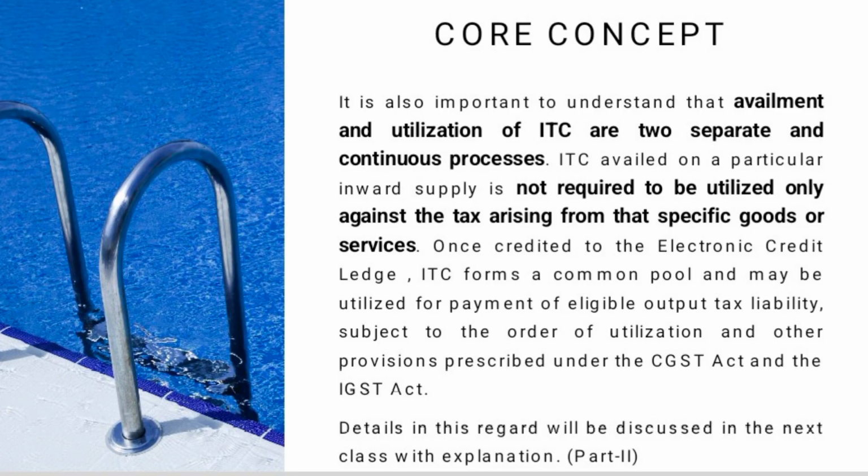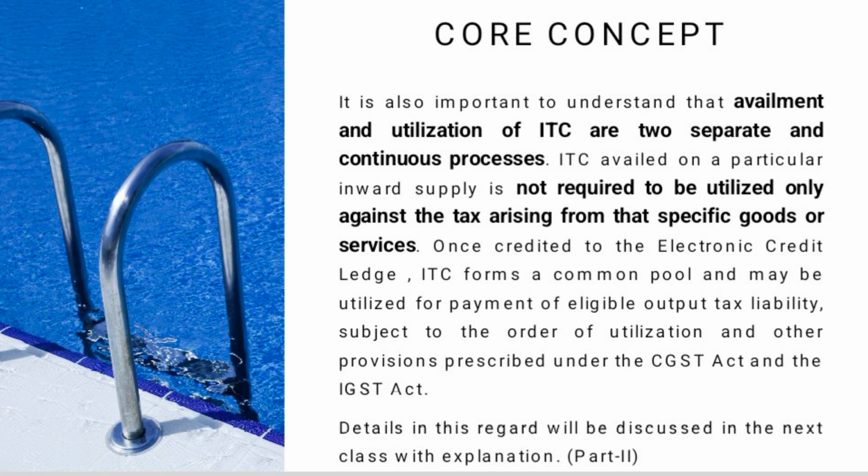It is also important to understand that availment and utilization of ITC are two separate and continuous processes. Availed means when the ITC is credited to the ledger: when you purchase something, whatever tax is paid by you to the supplier is your input tax credit, and when it goes to the input credit ledger, it is availed.